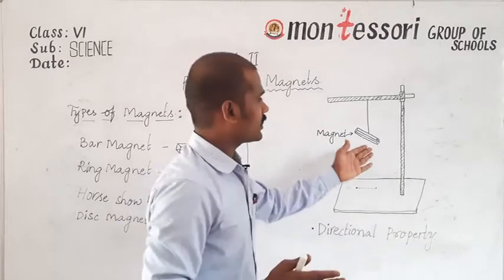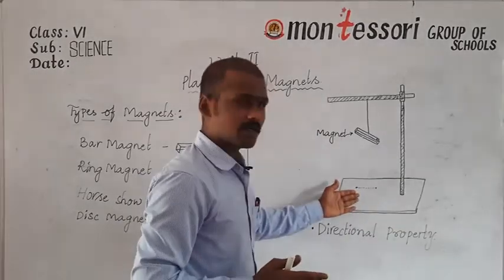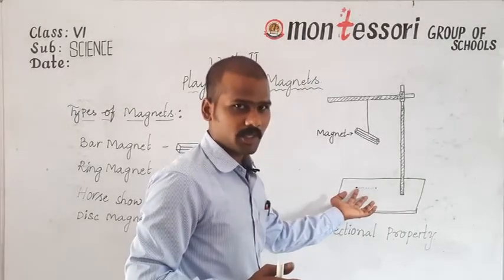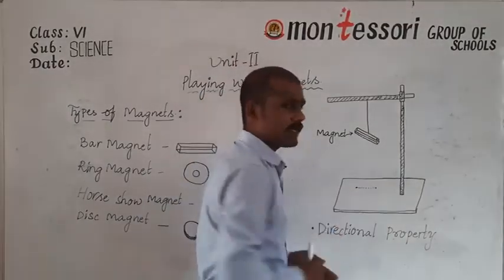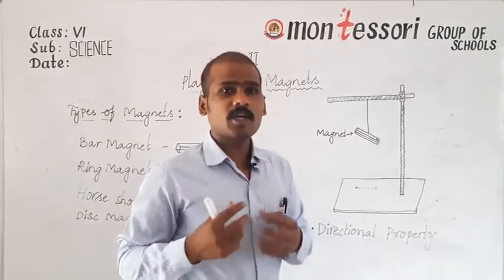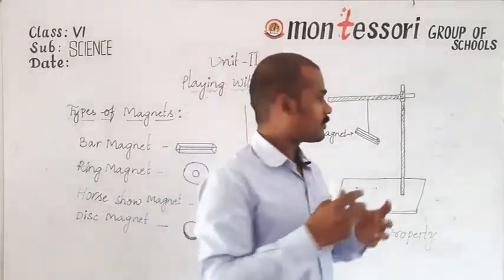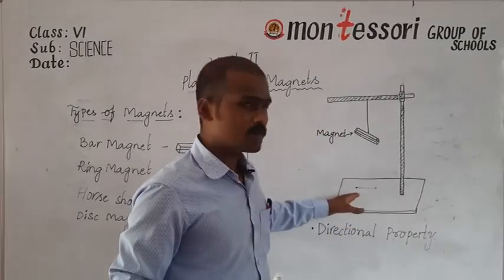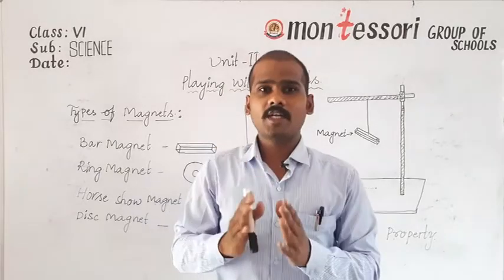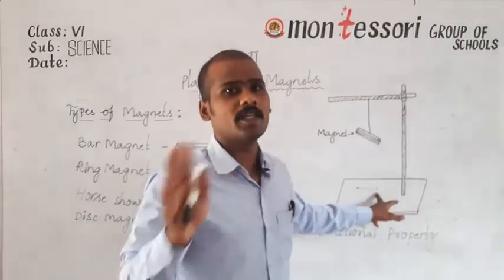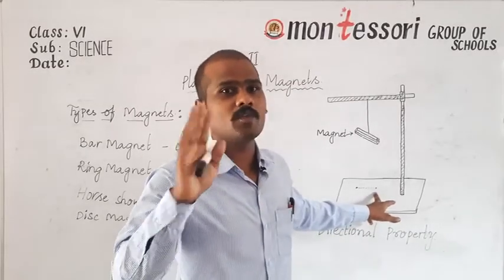Whenever it comes to rest, we again mark the points and make a line. If we repeat this activity several times, we will come to know that all the time the magnet comes to only one particular direction. We get only one straight line in all the cases.